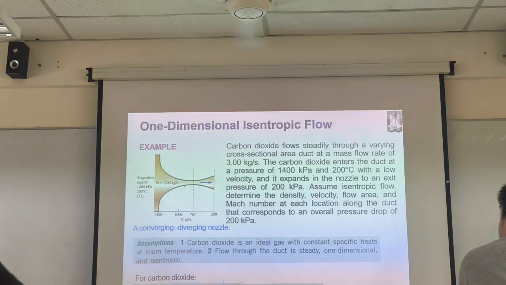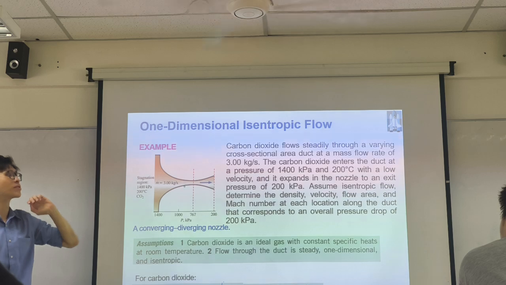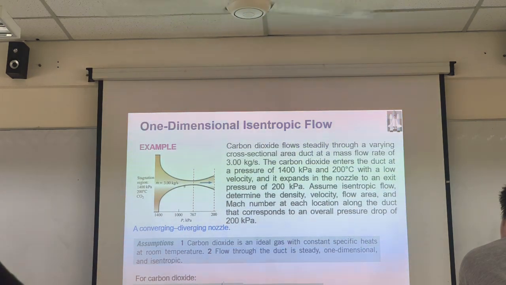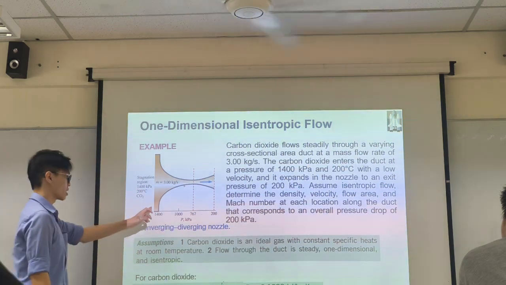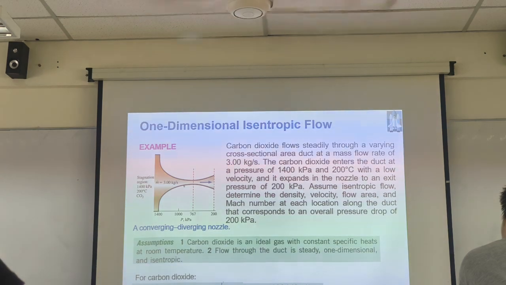The carbon dioxide enters the duct at a pressure of 1400 kPa and 200 degrees Celsius with a low velocity. So these are the stagnation properties. And it expands in the nozzle to an exit pressure of 200 kPa. So here 1400 and exit 200. Assume isentropic flow.